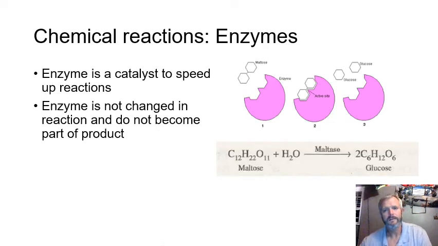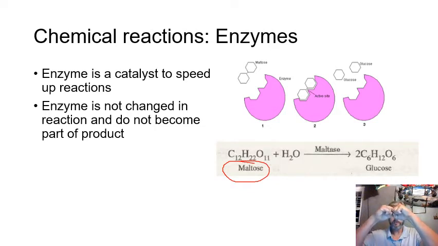All right. Enzymes, catalyst, speed of reaction. Many of our reactions... here is maltose. You've probably heard of glucose. Glucose is our sugar, one of our carbohydrates. And this is two glucose molecules bound together.